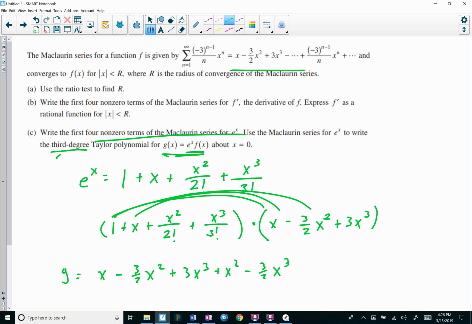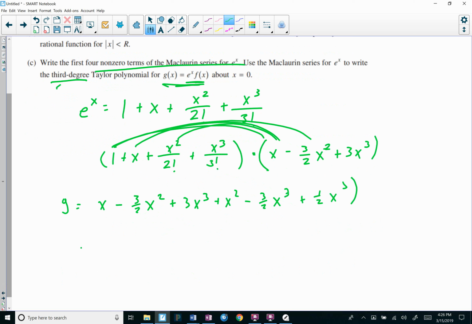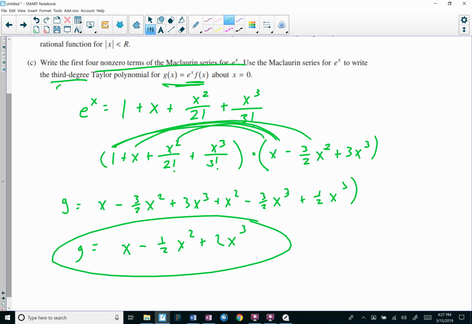Then let's distribute my x squared, which gives me 1/2 x cubed. Now you do need to clean that up. So I'll get x minus 1/2 x squared plus 2x cubed. 3 points for that. I believe it breaks down to 1 point for knowing your e to the x, and then 2 points for getting that answer.